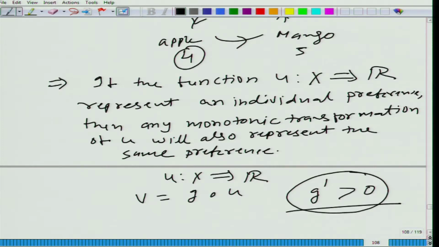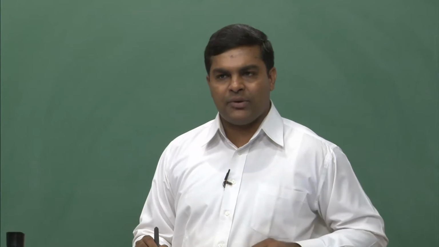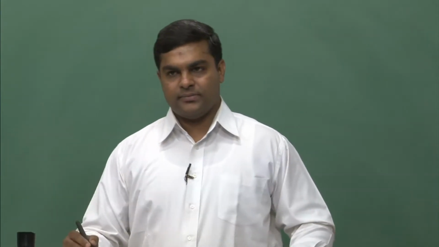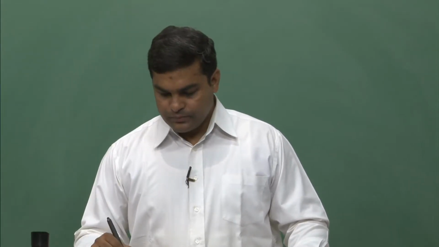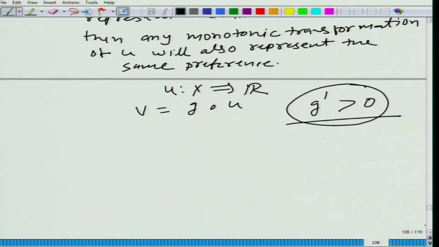So what happens if it is less than 0 for the whole range? Then it would inverse the ranking. Yes, sir. So in mathematics, when we talk about monotonic transformation, what we mean is G dash is greater than 0 at all points, or G dash is less than 0 at all points. But in economics, when we say monotonic transformation, what we mean is that G dash is greater than 0 at all points. Fine? G dash less than 0 is also a monotonic transformation.